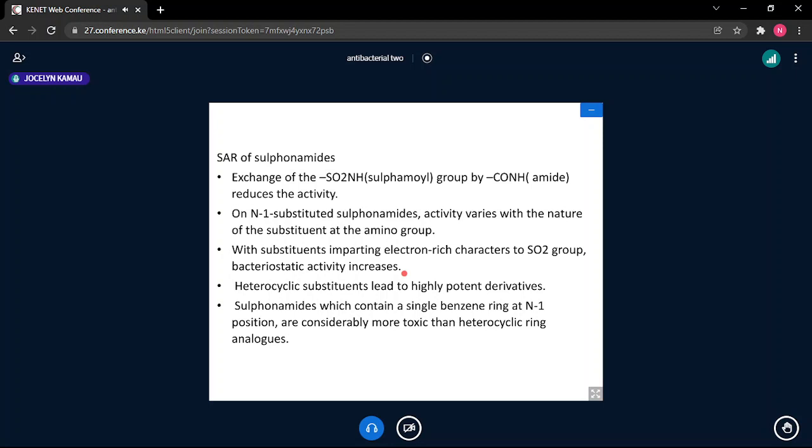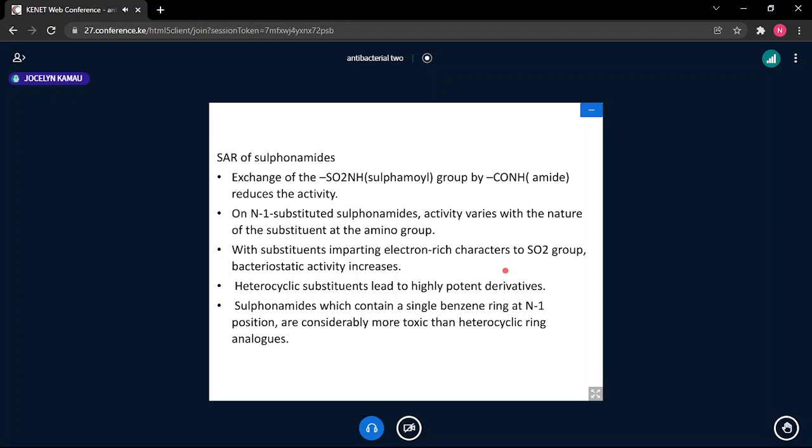But they are still electron withdrawers. They are withdrawing electrons, but they can stabilize the anion formed through resonance. So please differentiate that. Electron-rich character is where these heteroatoms have lone pairs. Sulfur has lone pairs of electrons, oxygen has lone pairs of electrons, nitrogen has lone pairs of electrons.